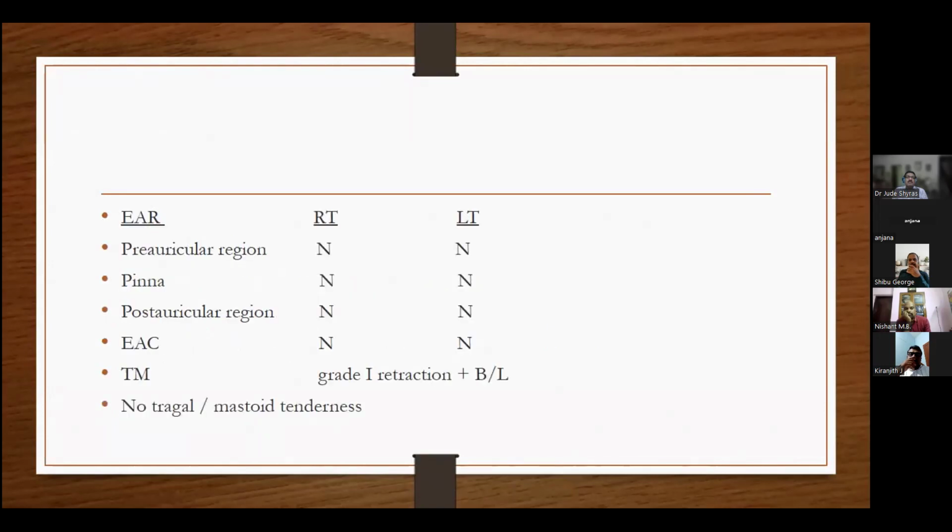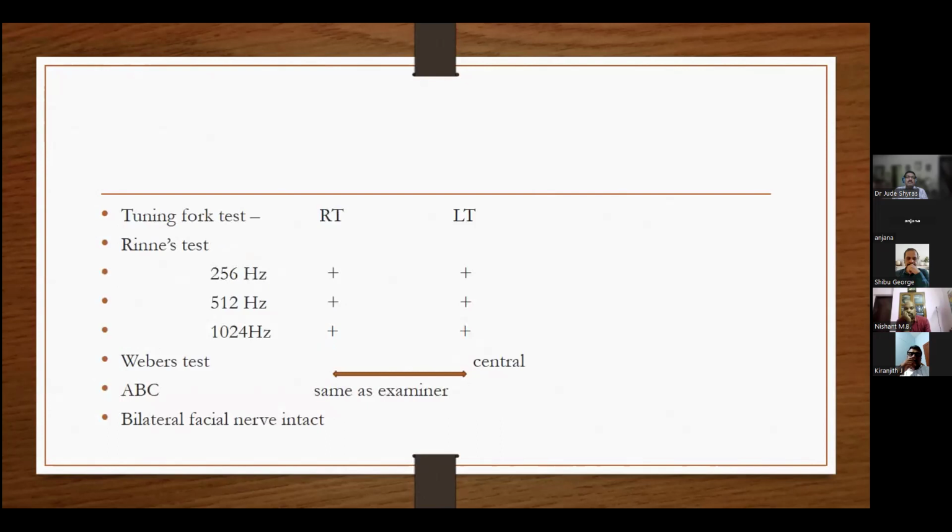Ear examination: preauricular region, pinna, post-auricular region, external auditory canal was normal. Tympanic membrane had a grade 1 retraction. Left side also, preauricular region, pinna, post-auricular region, and external auditory canal were normal, and tympanic membrane has grade 1 retraction. There was no tragal or mastoid tenderness. Tuning fork test was also normal.